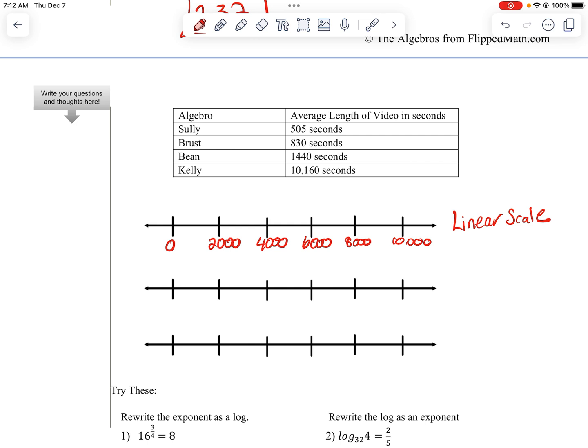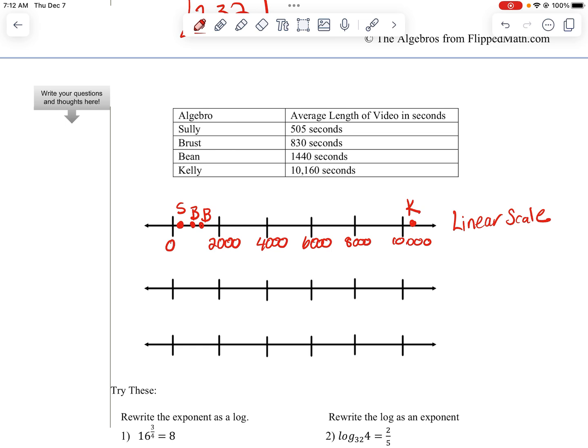You'll notice we're going up very evenly. So Sully is at 505. Bruce is at 830. Bean is at 1,000. And then Kelly is way up over here. So that's our linear scale.